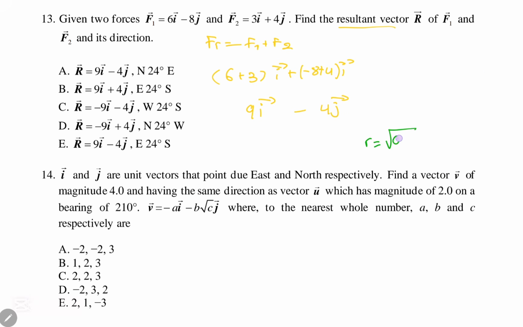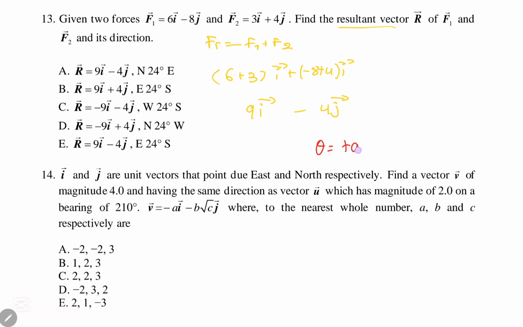So it's going to be radical 9 squared plus minus 4 squared. Please do not forget your brackets. That's going to give me 9.84. Actually, now that I look at the answer options, there is no need to do this. So we know that it's 9i minus 4j, but now they want to find the angle. So let's find theta first of all.